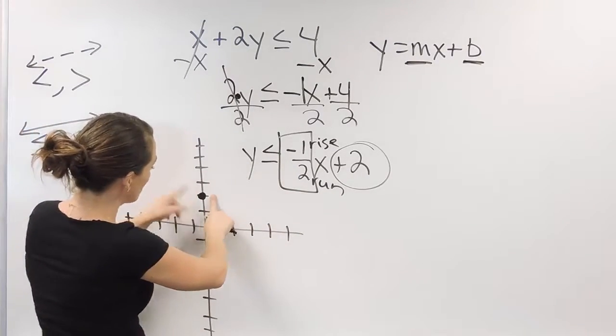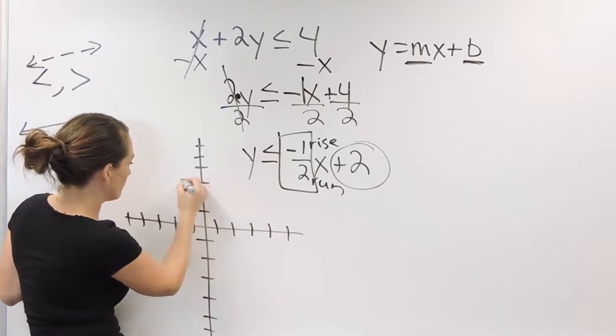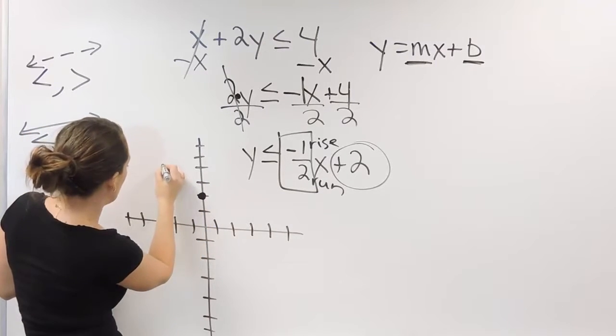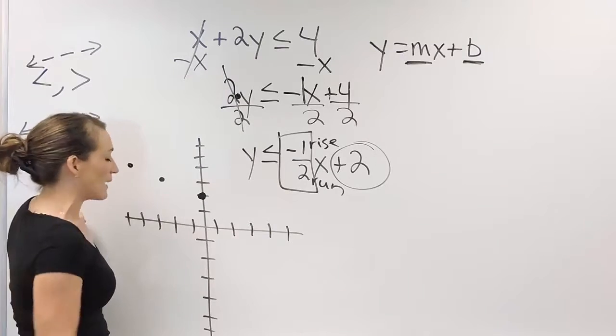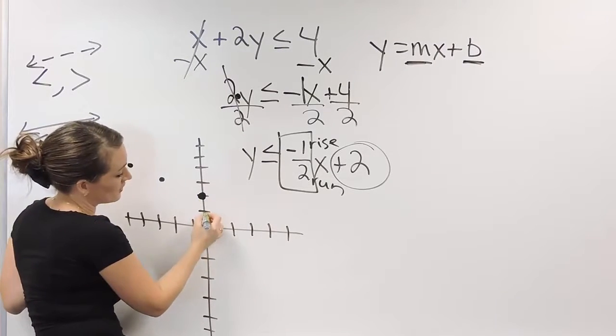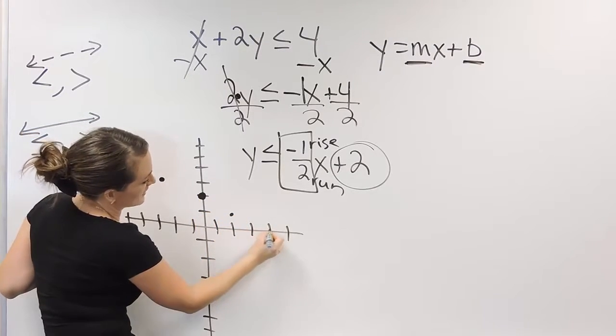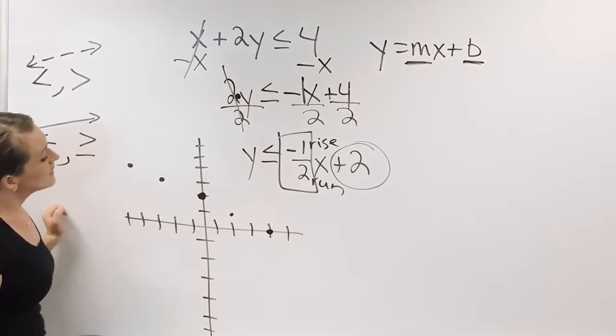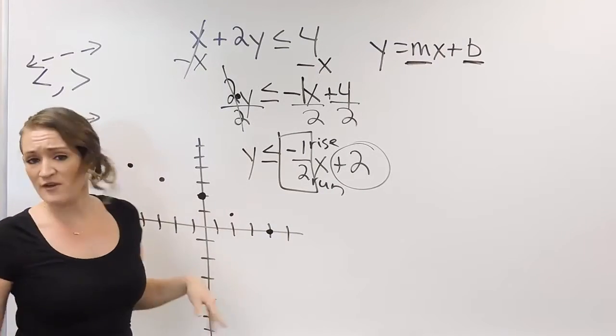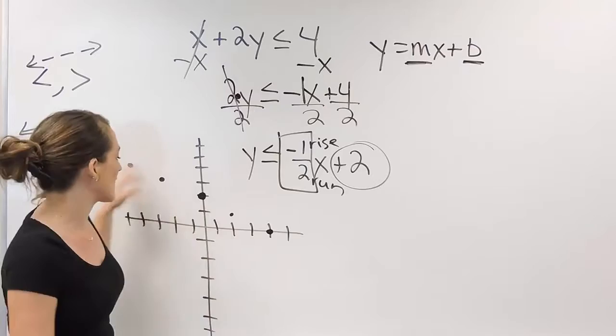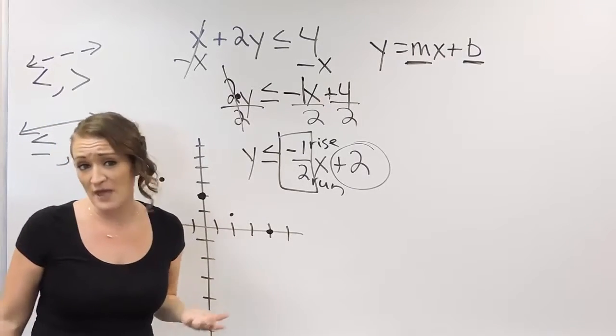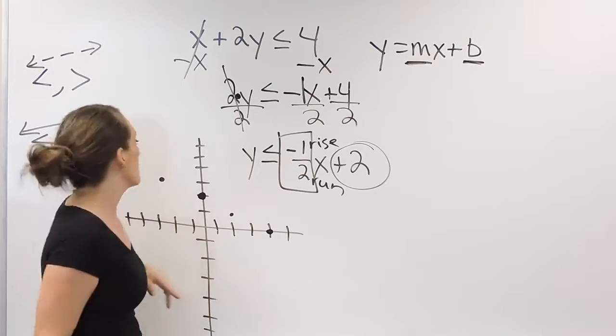From this point at 2, we go up 1 over 2, which would be the same thing as going down and to the right. You can do it until you have enough points. There's no magic number. I like to do it until I fill up enough of the graph. At least 2 points is good enough.